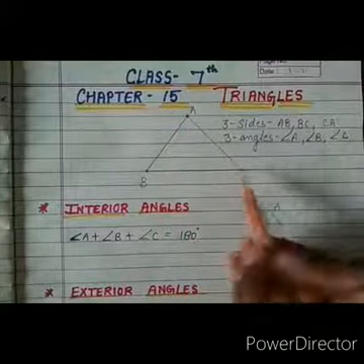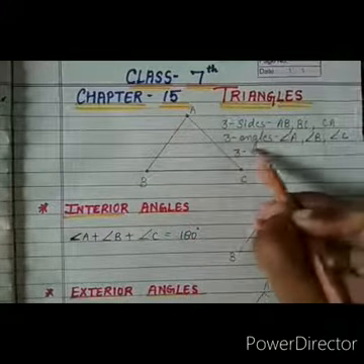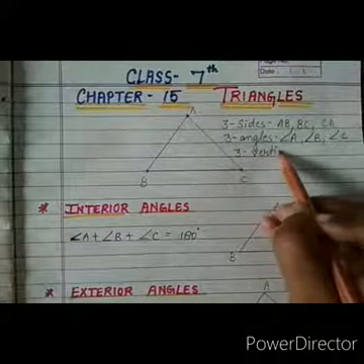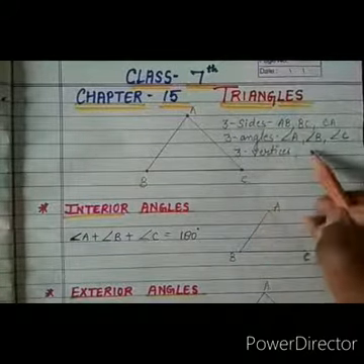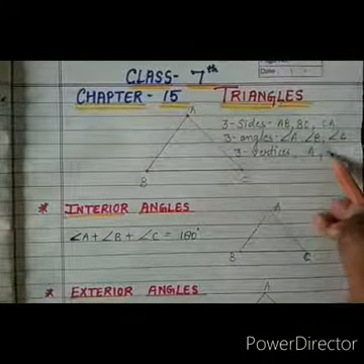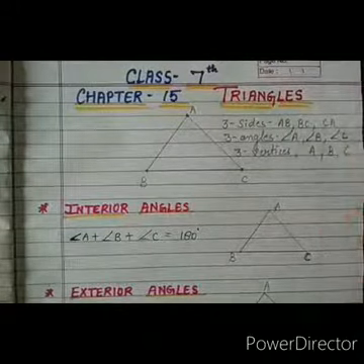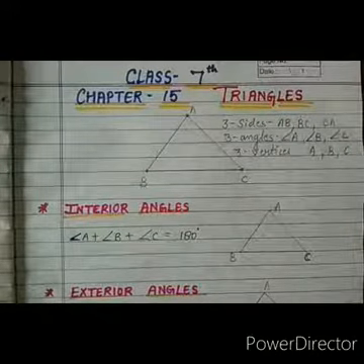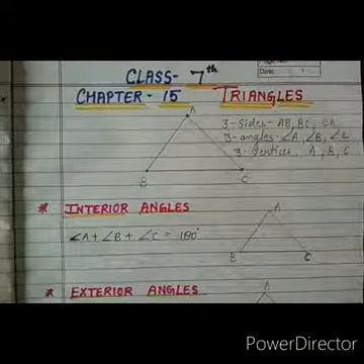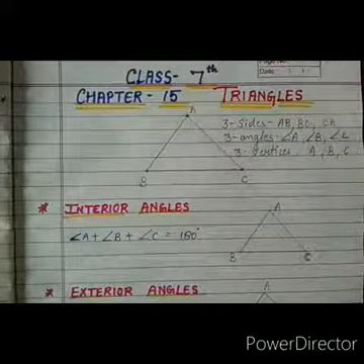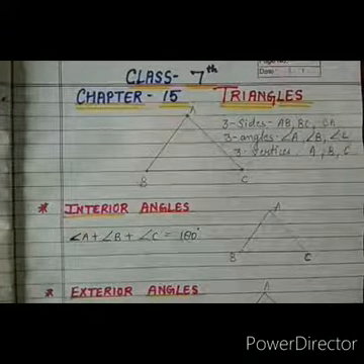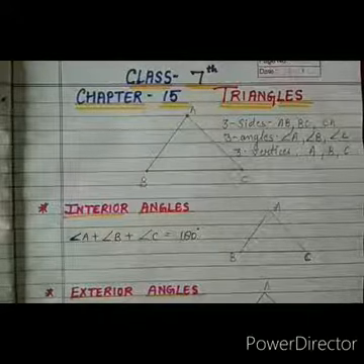So we can say that a triangle has three vertices, and here we have three vertices, that is A, B and C. Now let us talk about some basic concepts related to the chapter which we will use in this chapter.